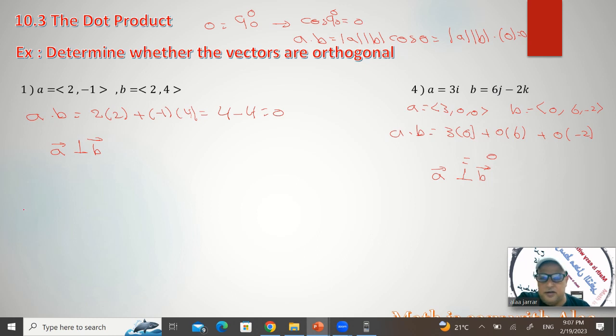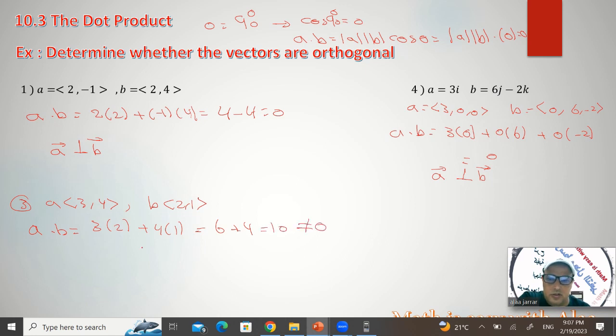Another example, if we take a third example, if A equals 3 and 4, B equals 2 and 1, then the vector A dot B equals 3 times 2 plus 4 times 1. It will be 6 plus 4, which is 10, and this does not equal 0, so A and B are not orthogonal.